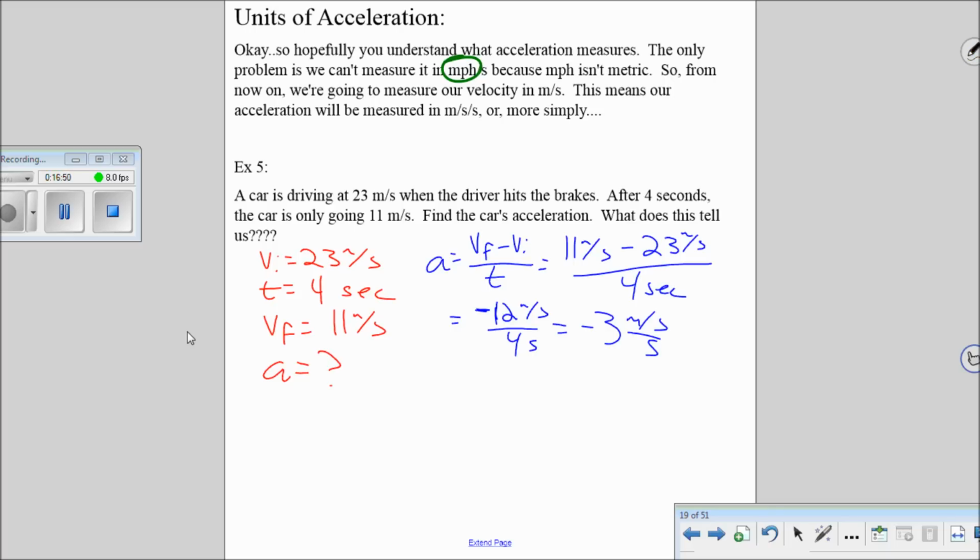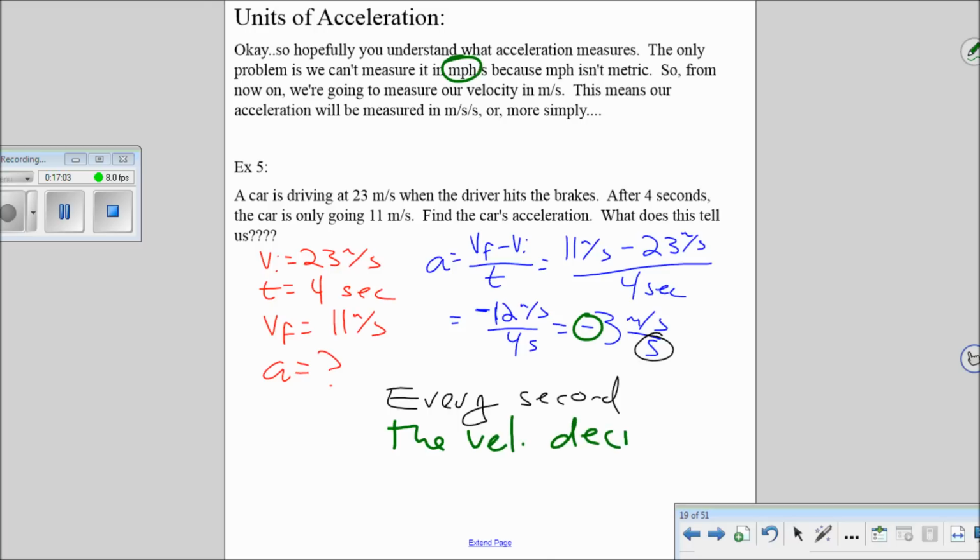What does this mean? Well, it means every second the velocity decreases by 3 meters per second.